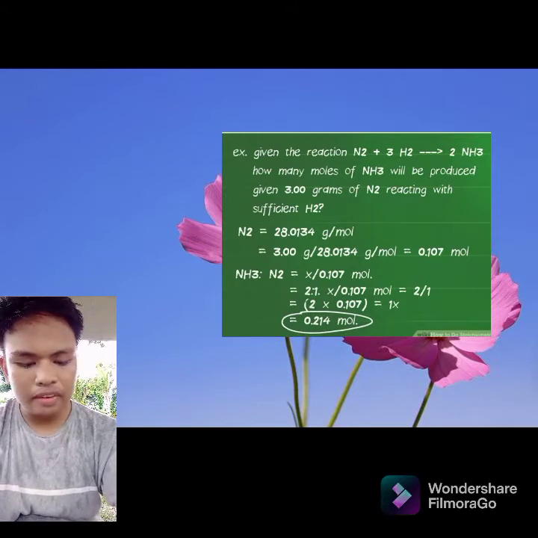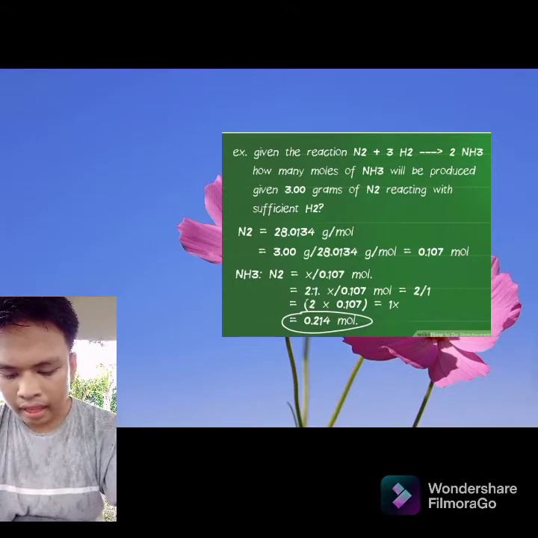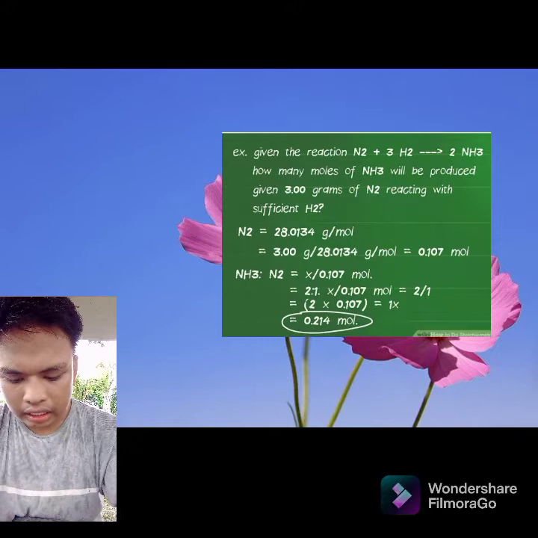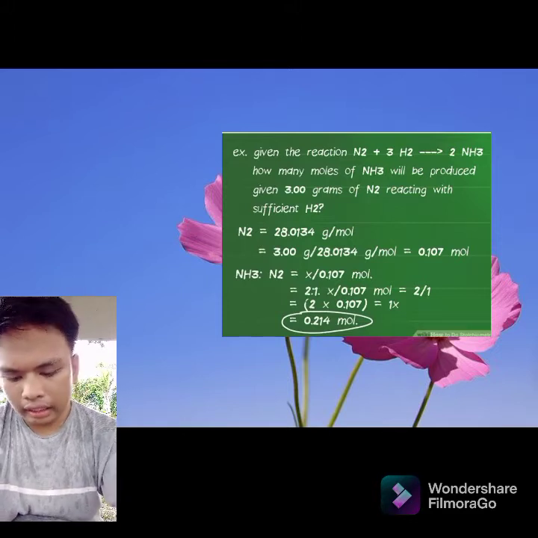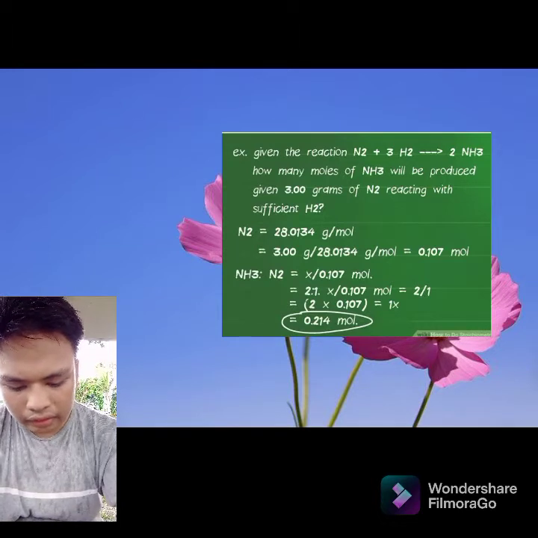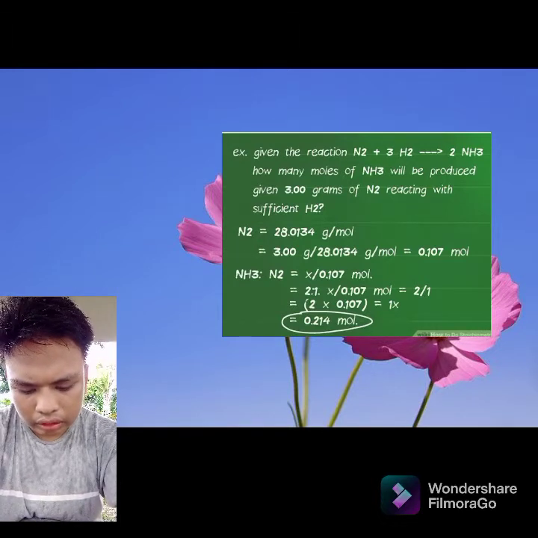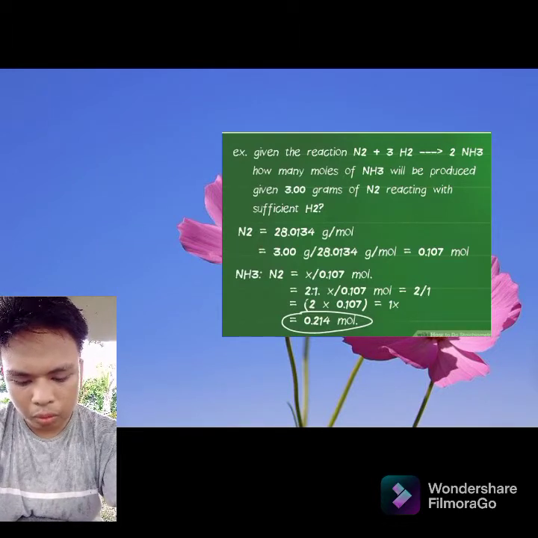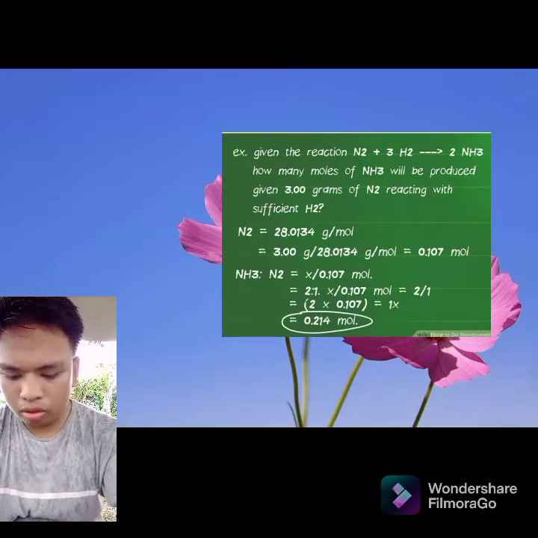Set up the ratio given by the question. NH3 is to nitrogen gas as x is to 0.107 mole.